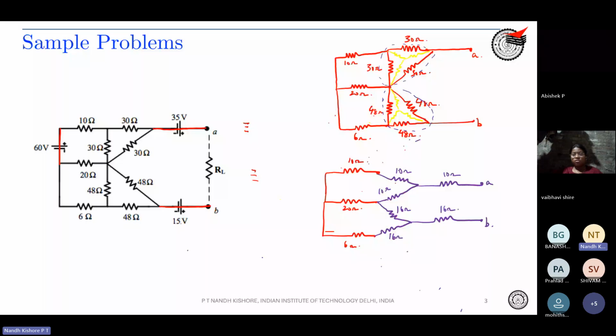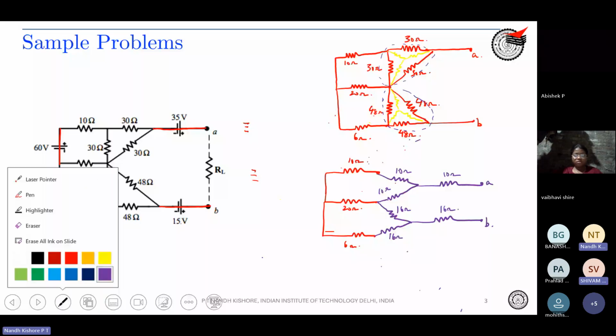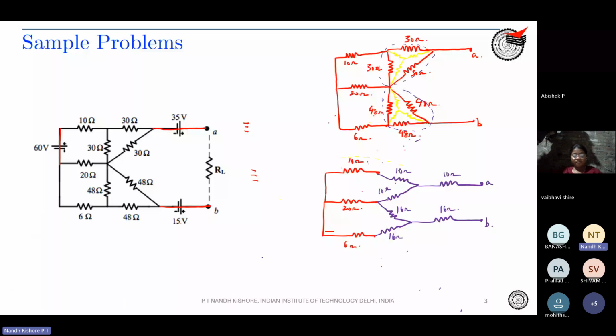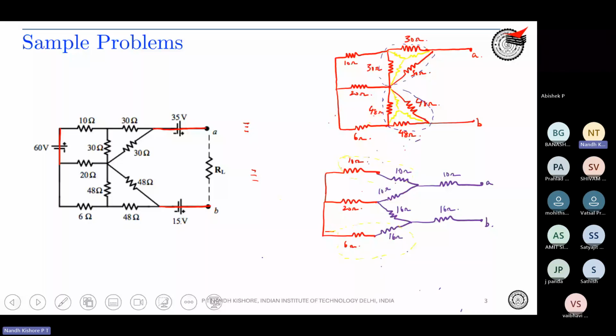So what you have is obviously 10 and 10 in series over here, right? And 6 and 16 in series over here. Okay. So let me add a new slide.